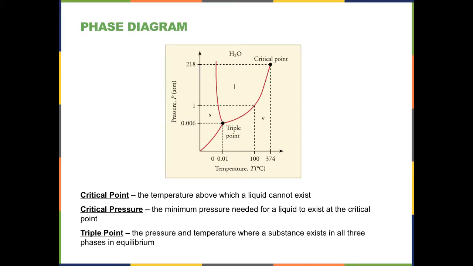The triple point, which is to the left and down, is a point of pressure and temperature where the substance in the diagram exists in all three phases: the solid phase, the liquid phase, and the vapor phase. Now, at any pressure and temperature, you should be able to tell whether the substance is going to be a solid, a liquid, or a gas.